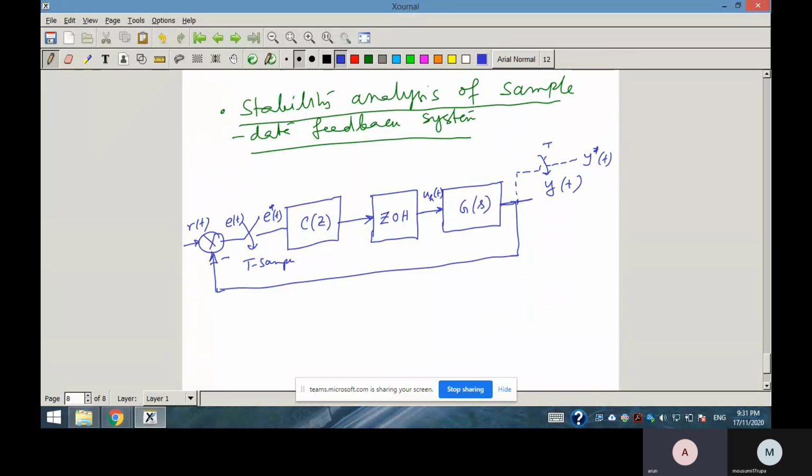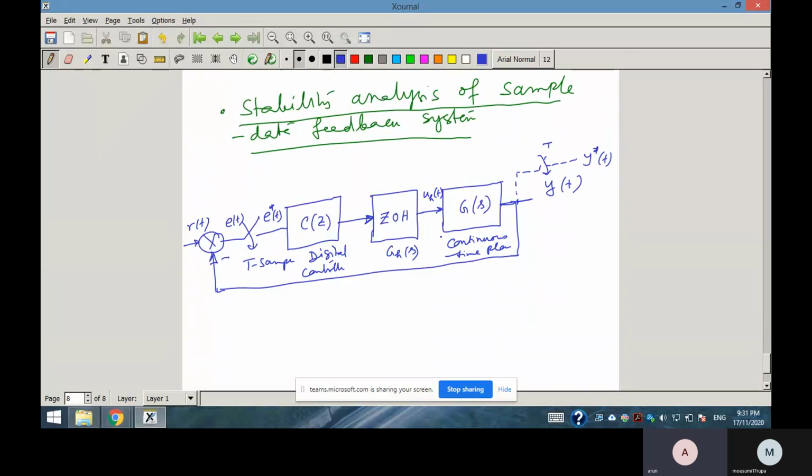So here also it will be a sampled signal, because this is your digital processor, digital controller, and this is your continuous time plant. This is a zeroth order hold, GH.